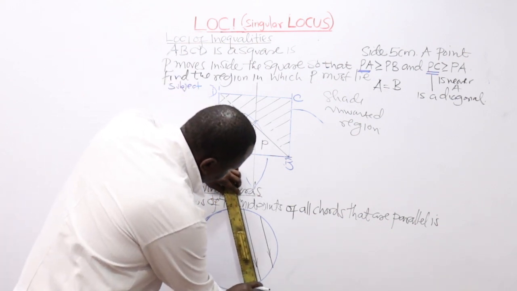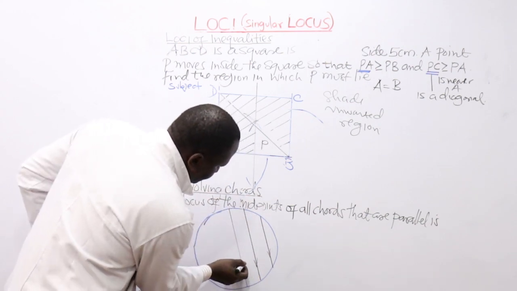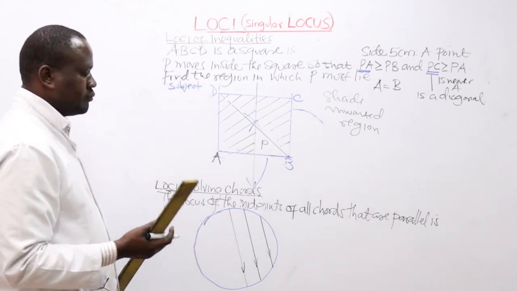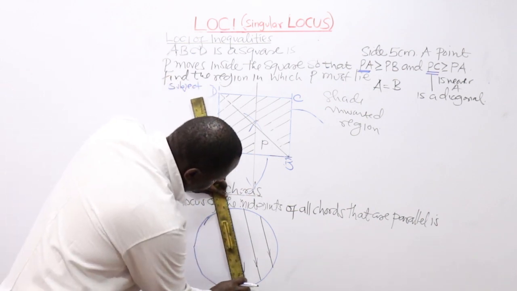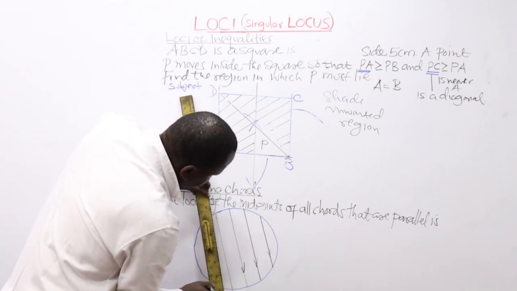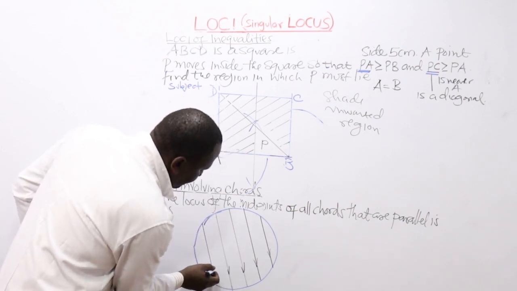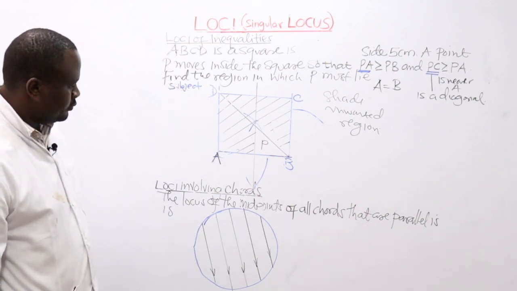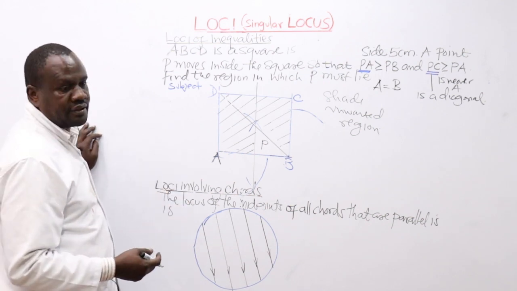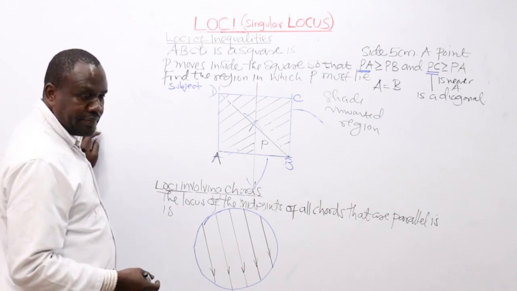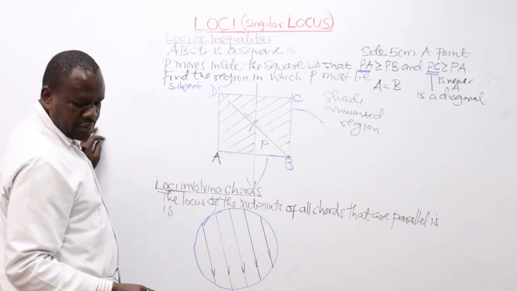And we have another chord parallel to the other one, and we have another one here. All these chords are parallel. Now, there is the locus of the midpoints of these parallel chords. So if we get the midpoint of these parallel chords, what will happen?